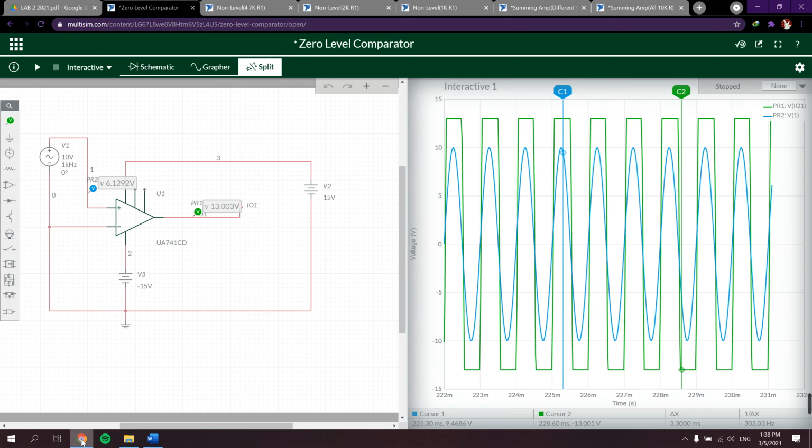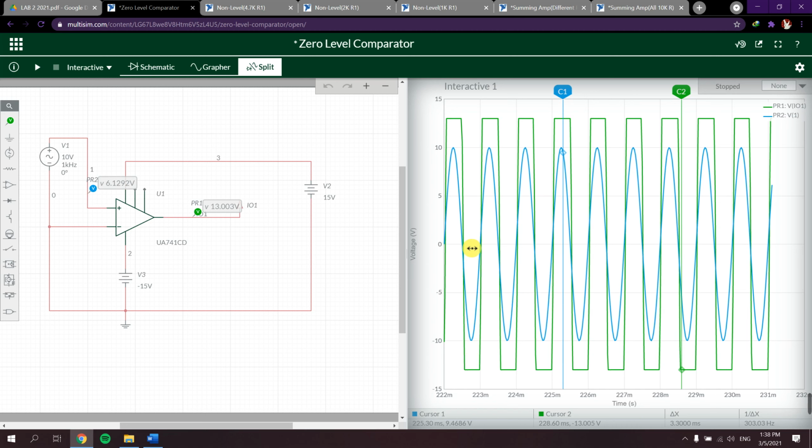For the zero level detector, I already made a circuit here. Whenever the voltage reaches zero, the output is produced, which is amplified, and it brings out a new wave, which is the square wave.